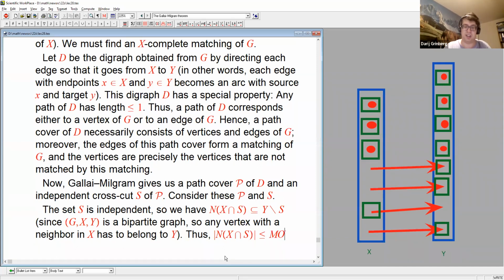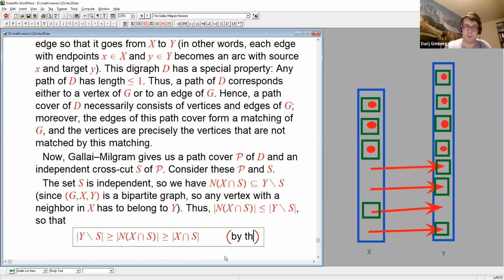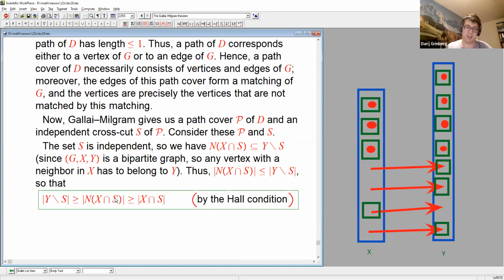So you get this here, and thus you have this greater or equal to this. And by Hall's condition, the number of neighbors is at least the number of elements.